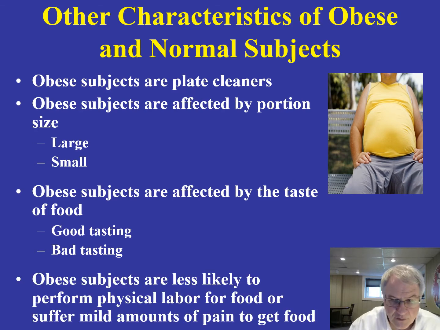What Schacter also found in these experiments is that obese subjects were much less likely to perform any kind of physical labor in order to obtain food, or if they had to suffer mild amounts of pain in order to get food, they simply wouldn't do it. So again, we have this picture that is emerging of obese subjects really responding much more to these external kinds of factors as opposed to any kind of internal biological cues.